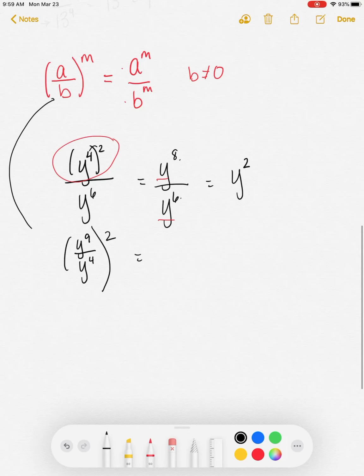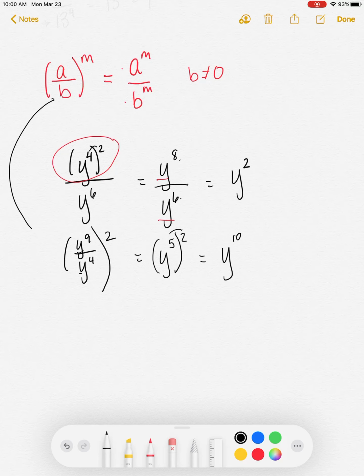So if we simplify inside, the bases are the same, so we just subtract our exponents. That gives me y to the 5th, 9 minus 4 is 5. But notice it is squared. We haven't done anything with that squared yet. If we apply the property from the last rule, the exponent property, we would have to multiply those. So that would be y to the 10th.